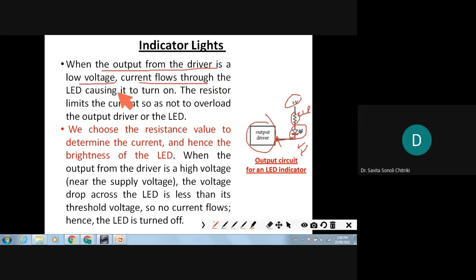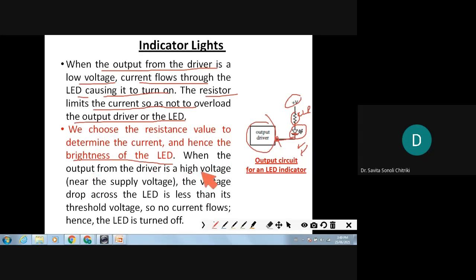The current flows through the LED causing it to turn on. The resistor limits the current so as not to overload the output driver or the LED. So basically the resistor is used for current limiting, right? We choose the resistance value to determine the current and hence the brightness of the LED. So this is going to decide the brightness of the LED, current limiting resistor.